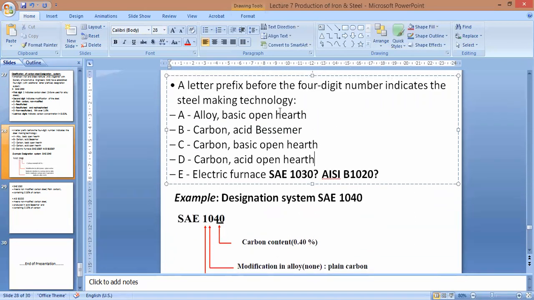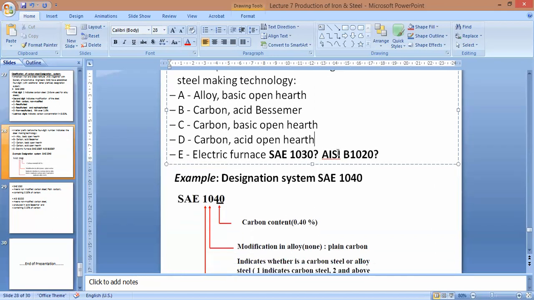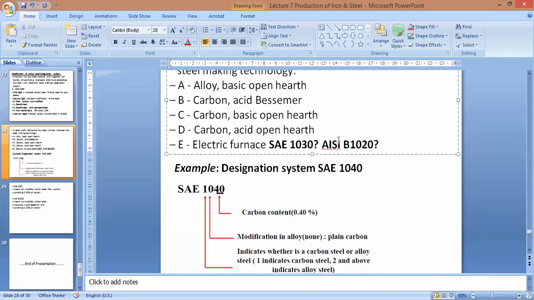A letter prefix before the 4-digit number indicates the steel making technology. So A is alloy, basic open hearth. B is carbon acid Bessemer. C is carbon basic open hearth. D is carbon acid open hearth, and E is electric furnace.